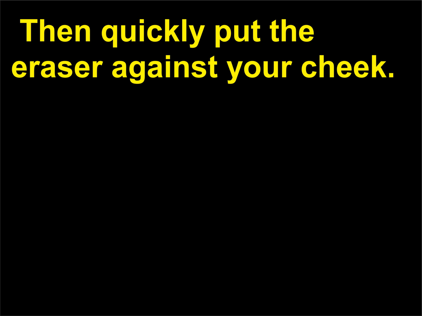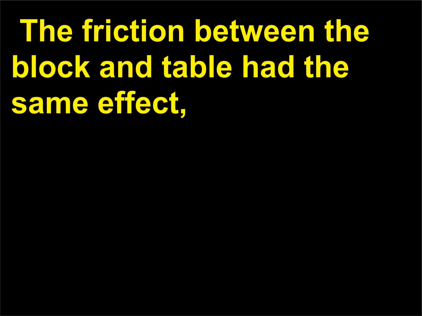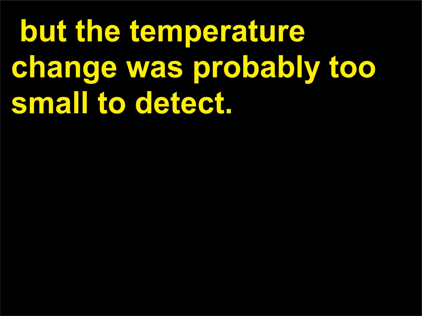Then quickly put the eraser against your cheek. You probably found that both the eraser and your hand became warmer. The friction between the block and table had the same effect. But the temperature change was probably too small to detect.